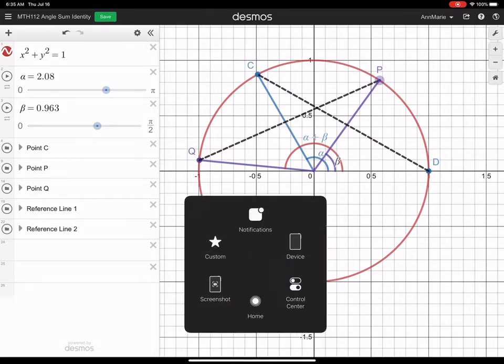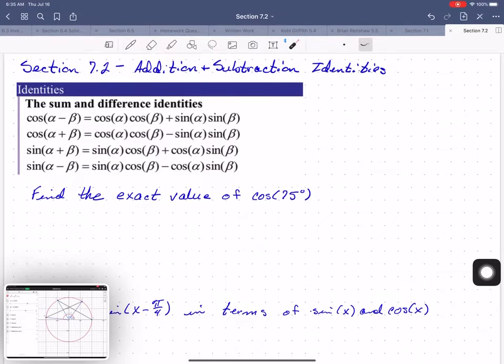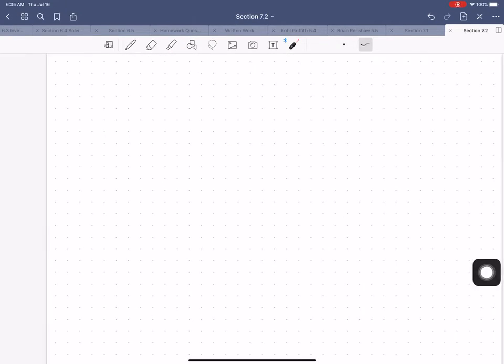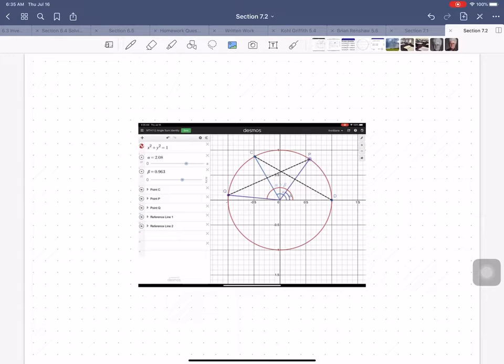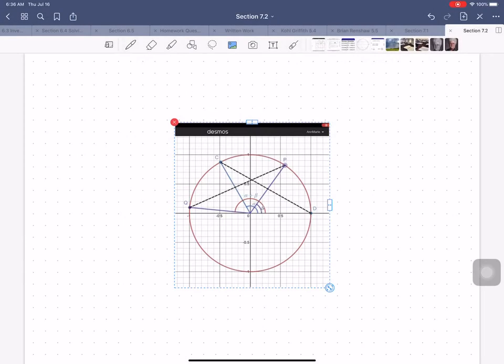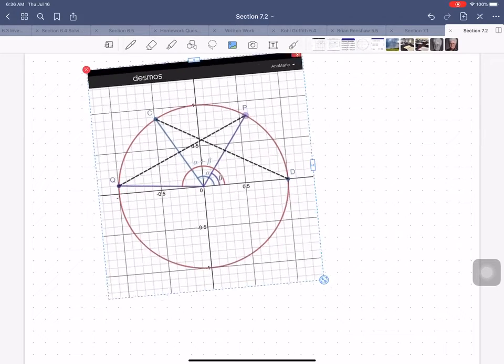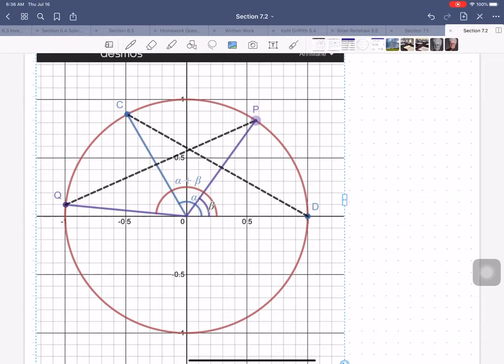So let's remind ourselves of what we know. I'll do this on a separate sheet. Okay, so remember that we know the coordinates of these points, right?